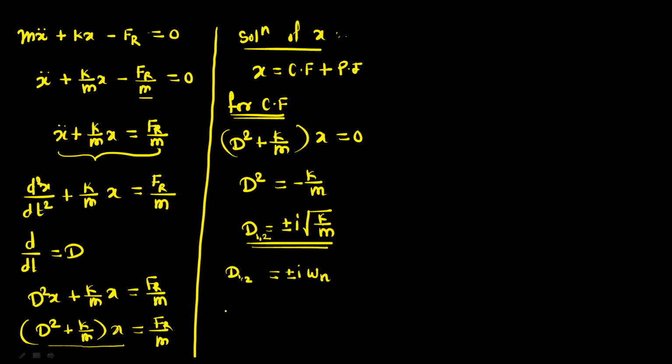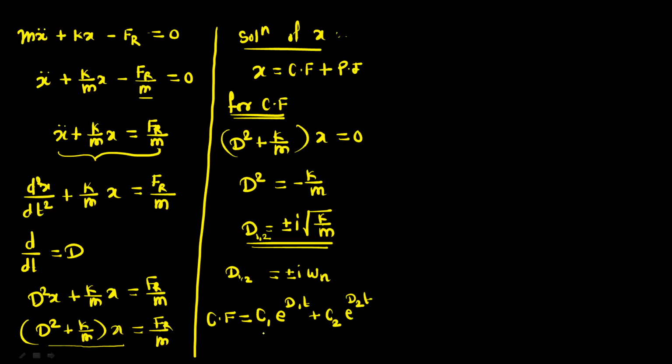Okay. So for the complementary function, as we have two distinct roots for the D operator, we can write the equation for the complementary function as a constant c1 e raised to D1 t plus constant c2 e raised to D2 t.